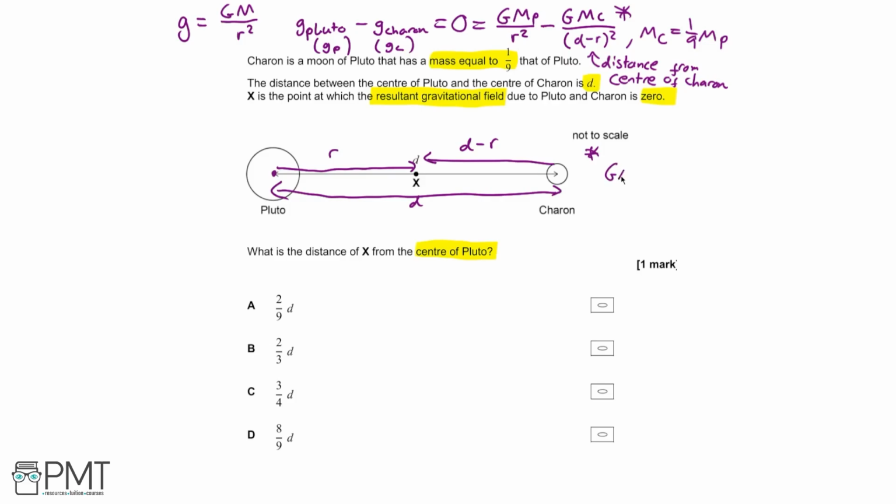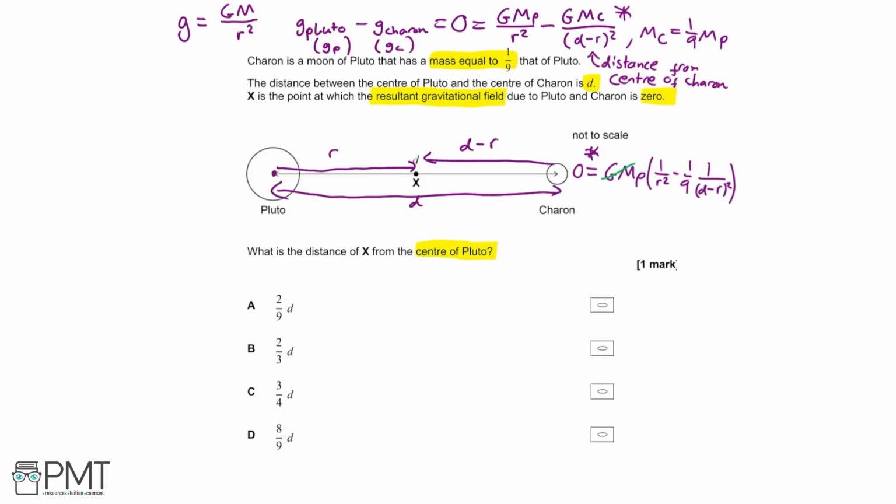Factorizing out G and MP, we're left with 1 over r squared minus 1/9 times 1 over D minus r all squared, and that's equal to 0. Because we've got 0 on the left-hand side, we can divide both sides by G and MP, so they go away, and we're left with an equation including only r and D.